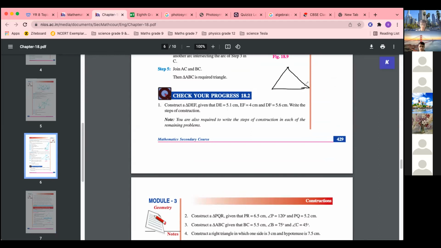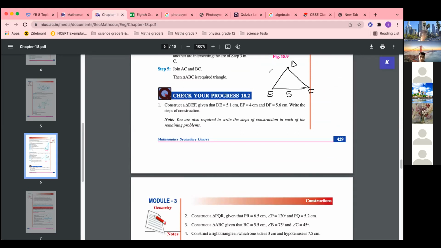I'll call the name DEF. So DE is 5.1. EF is 4 centimeter. Usually we take base as the longer side. Even if you don't, it is fine. We'll get a longer triangle, 5.6 centimeter.